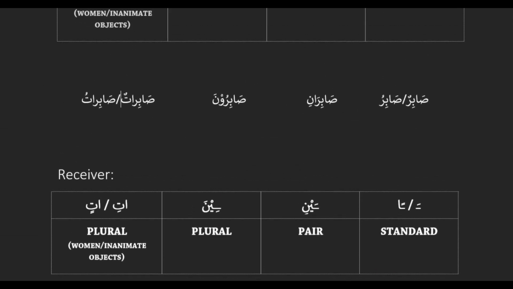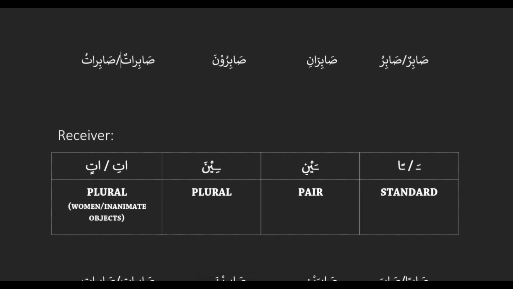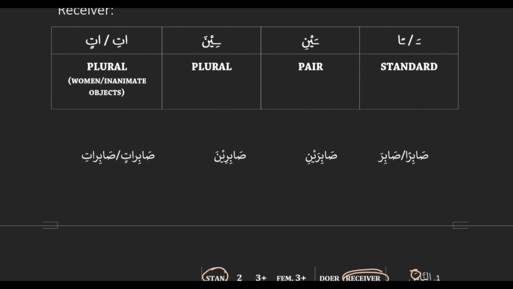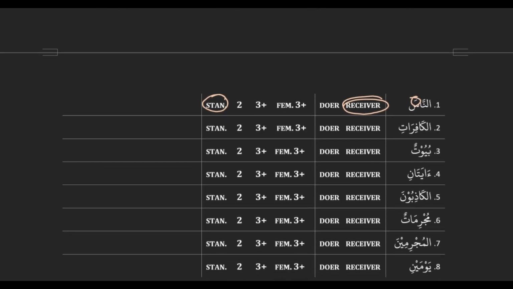We have ani, una, two letters, atun, two letters. Same with aini, ina, atin. So make sure you're not looking just at the very last haraka, you're looking at the ending. So this is ati. Which was a receiver label? Yep, that was a receiver label. And feminine plural? Good. It's the feminine plural.